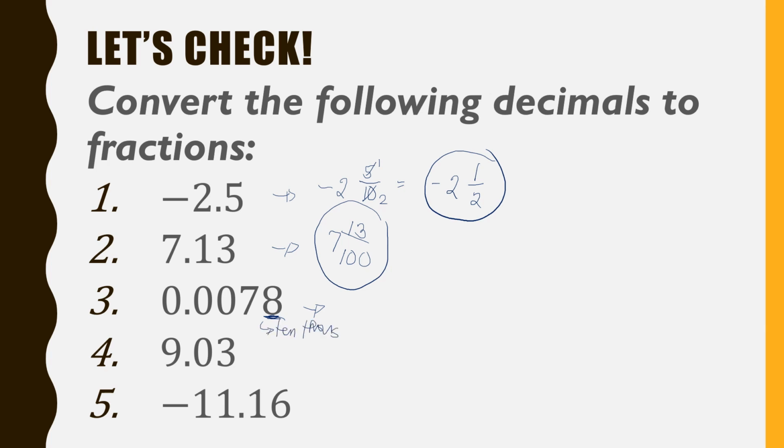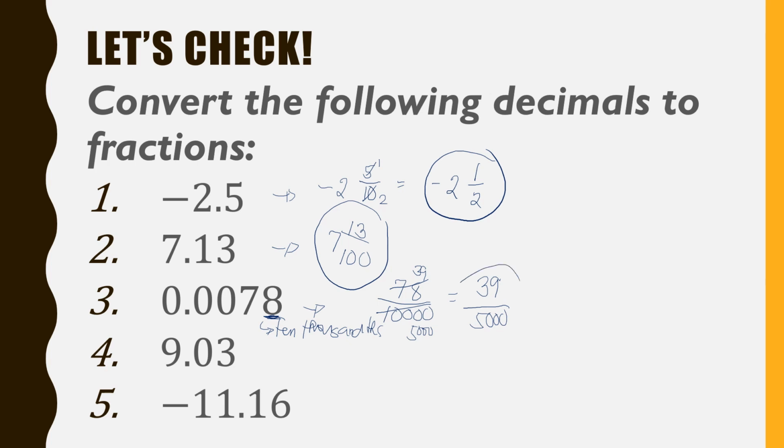It means that we can write this as 78 over 10,000. But we can still reduce it by dividing 78 and 10,000 by 2. So 78 divided by 2 is equal to 39, and 10,000 divided by 2 is equal to 5,000. So we will write that as 39 over 5,000.